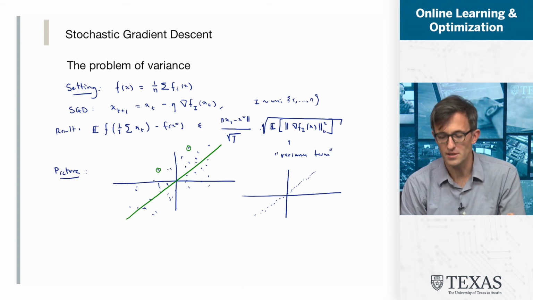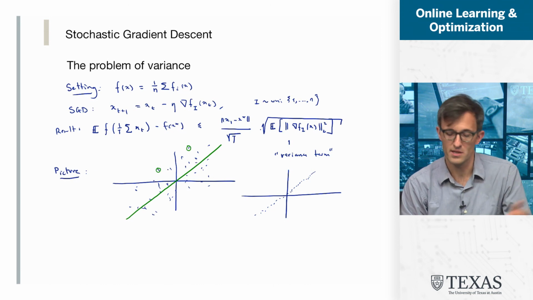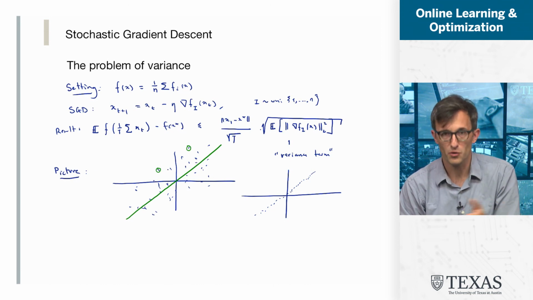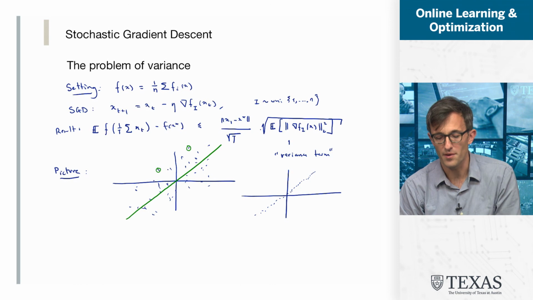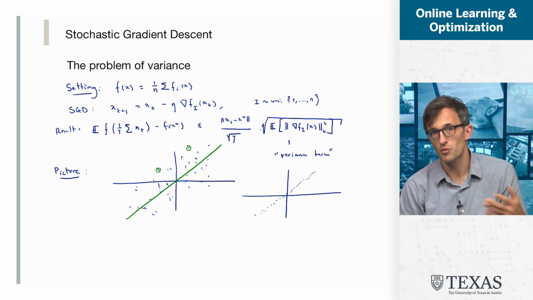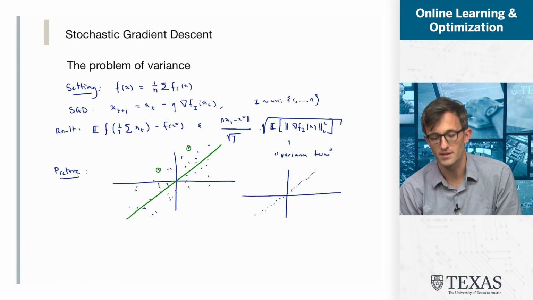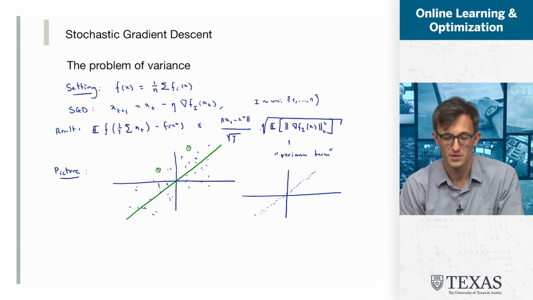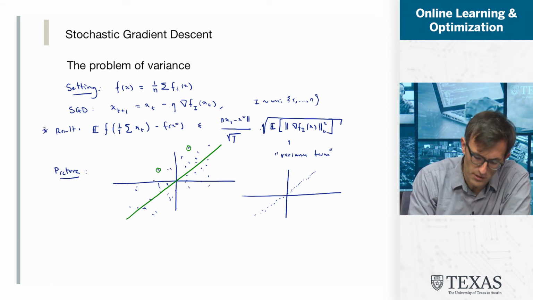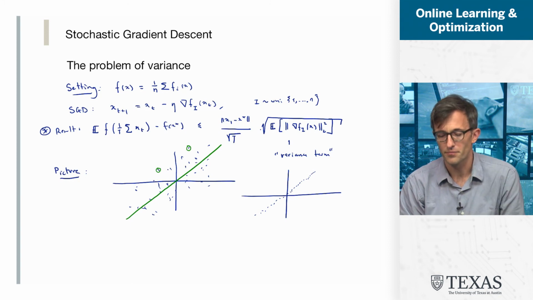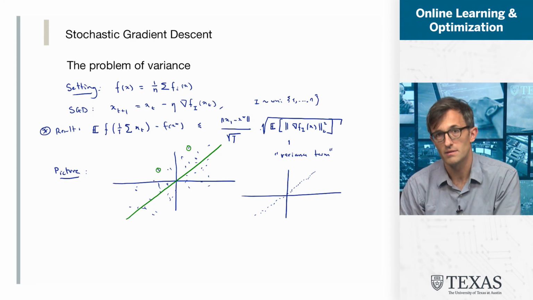Well, SGD is the other extreme. It's saying just pick one point. But of course, we're not restricted to any of those two. Remember that the result that we showed in the previous lecture, our convergence rate for stochastic gradient descent, didn't assume this setting. The only thing that we need is an upper bound on the variance and the fact that we're using a stochastic gradient.